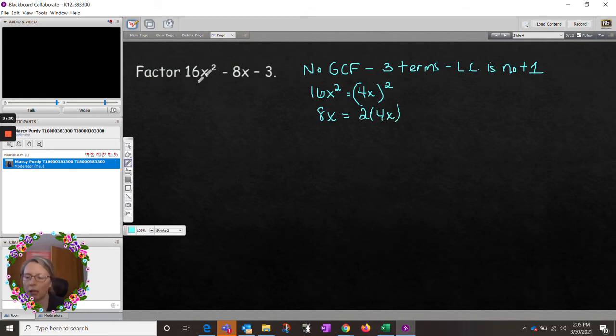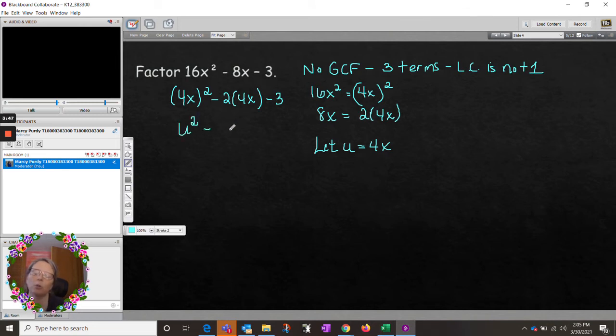So we're going to rewrite this problem as 4x quantity squared minus 2 times 4x minus 3. And then what you're going to do is let u equal 4x. So you'll replace the 4x with u, and you'll get u squared minus 2u minus 3.